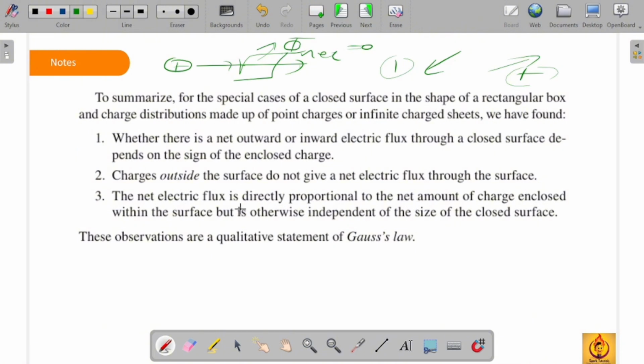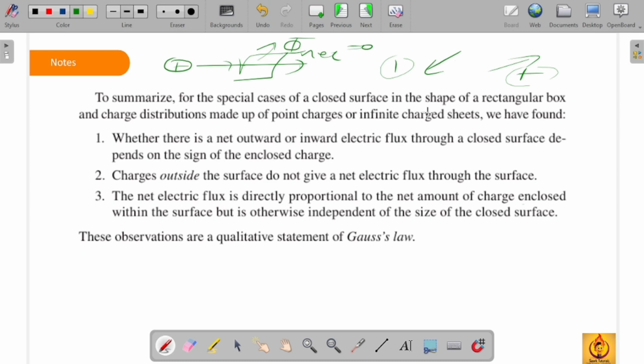So this one says the flux is directly proportional to the amount of charge enclosed, and it is independent of the size of the surface. So even if you use a smaller or a larger one, it doesn't matter. The flux is still going to be the same. Alright.